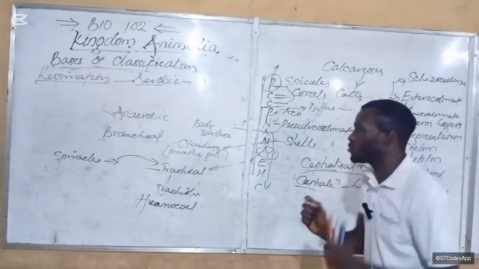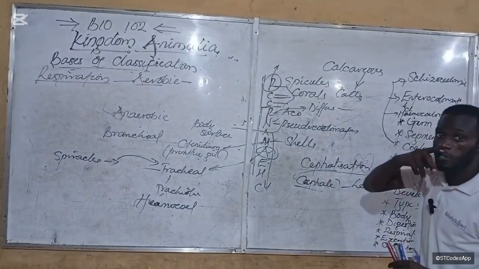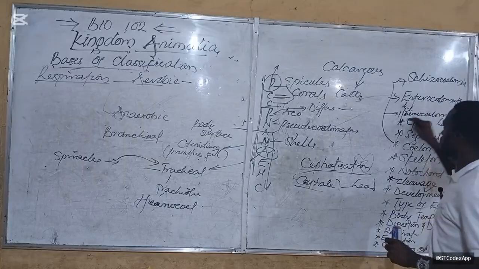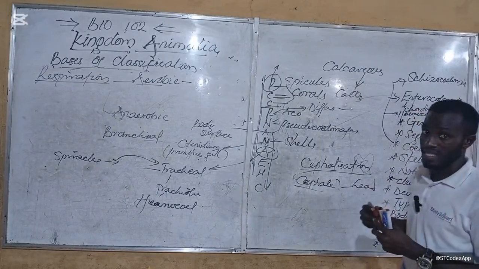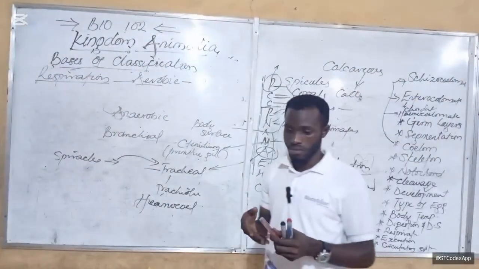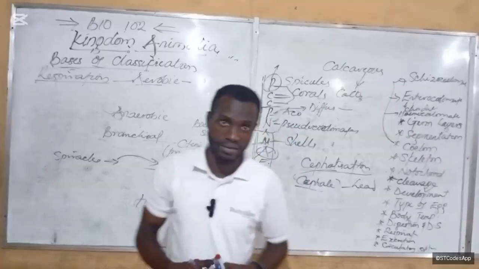So the coelom is reduced. And we call them hemocoelomates. Then the enterocoelomates is where we, chordates, exist, where we are.